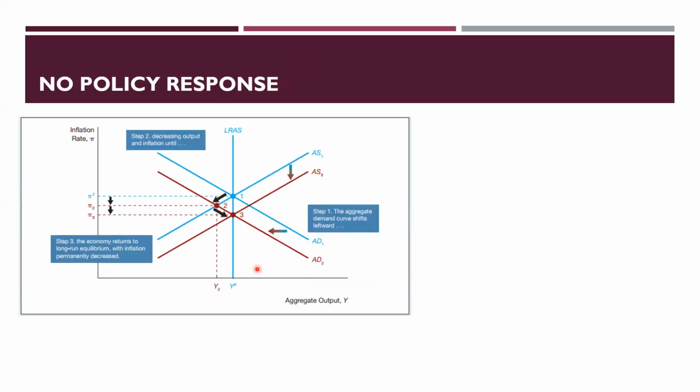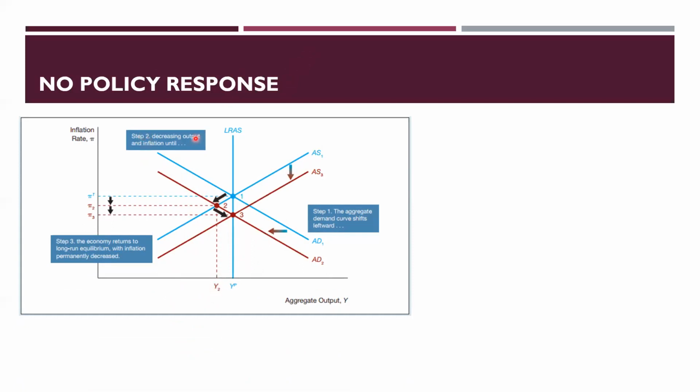This is what happens. We have our original aggregate demand curve, the blue one, and the original aggregate supply curve. Step number one is the aggregate demand curve shifts leftward following a demand shock that reduces aggregate demand. When that happens, the new demand curve would intersect with the original supply curve at a lower level of output, Y2.